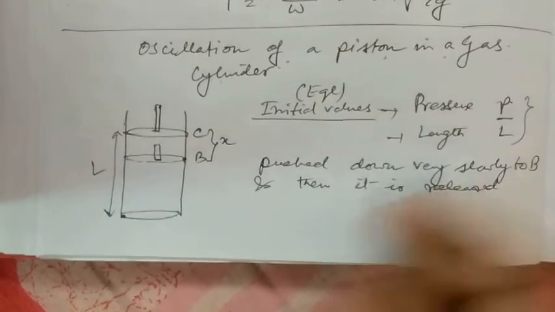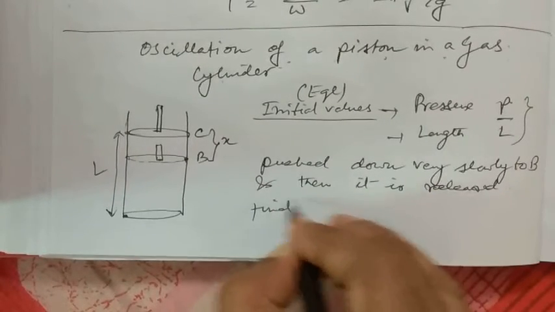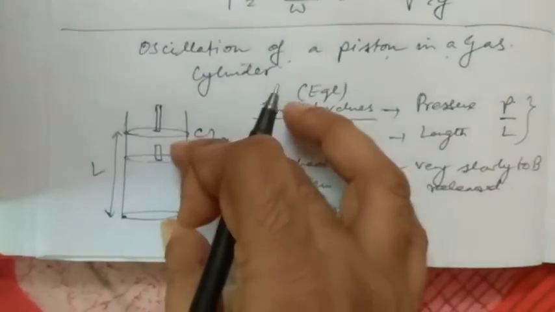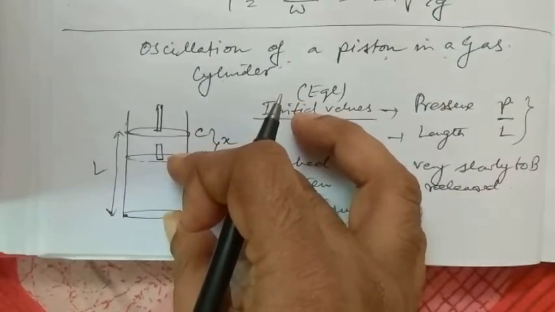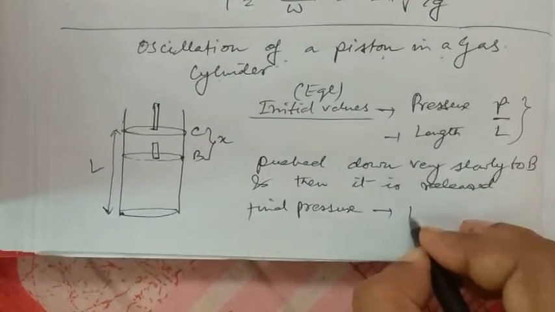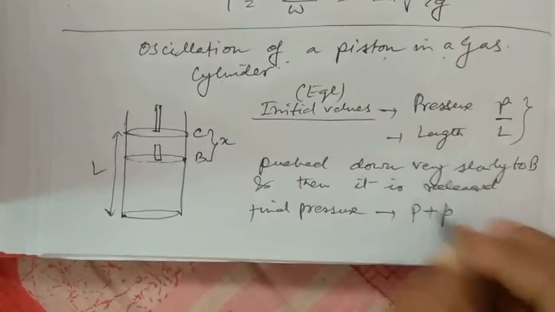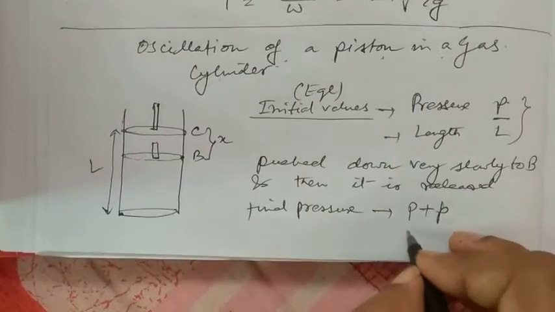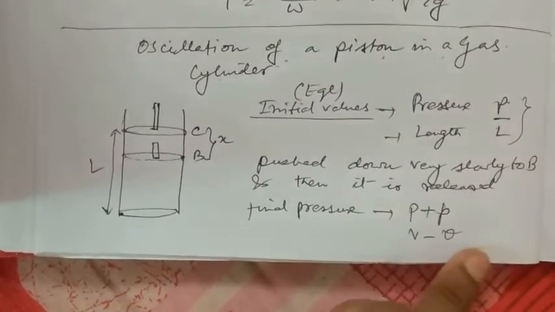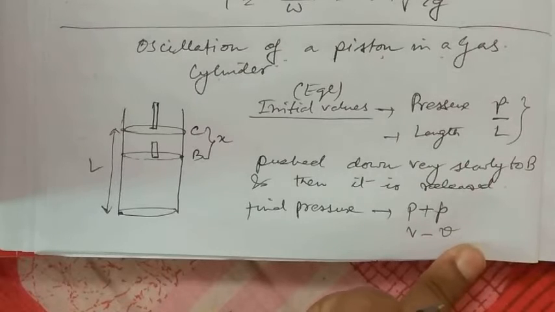Initial pressure was P. When the piston was forced down, the volume of the gas decreases and the pressure increases. So the initial pressure will be increased by a small value, small p, and the volume decreases by small v. V was the original volume.